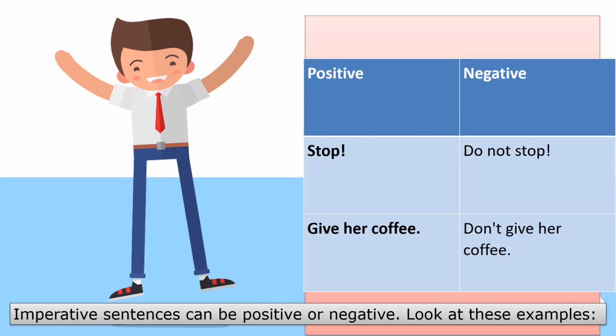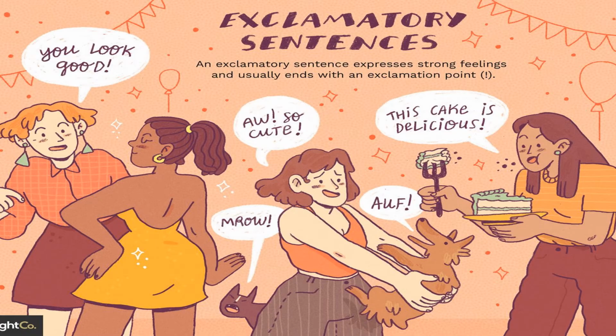And again, in imperative sentences we have positive as well as negative sentences. The negative one for this is do not stop. And since it's an order, we are putting an exclamation mark. Okay, students, as we said, imperative sentences can be positive or negative.